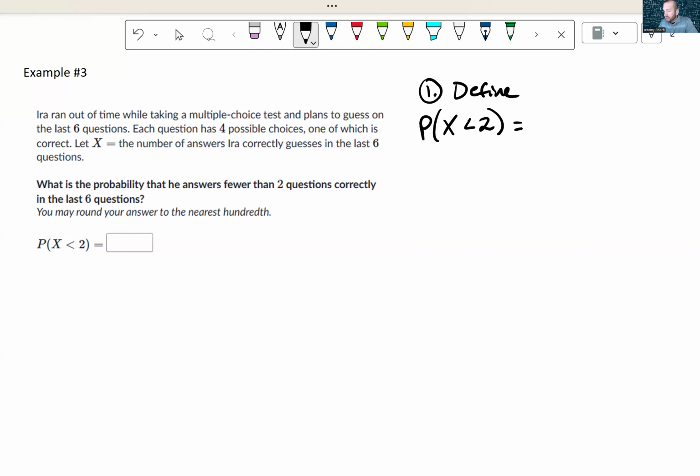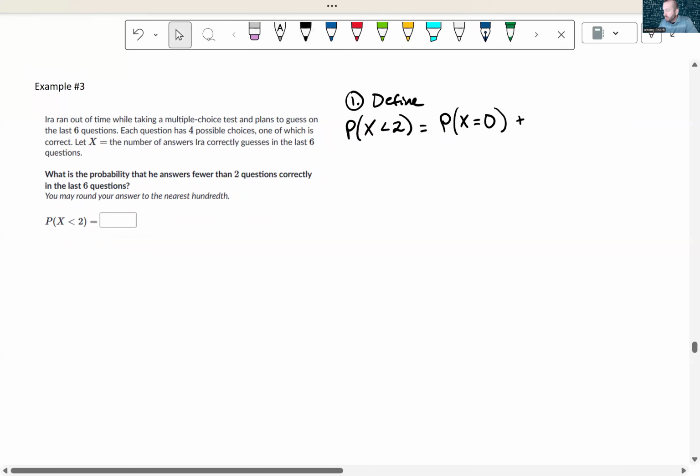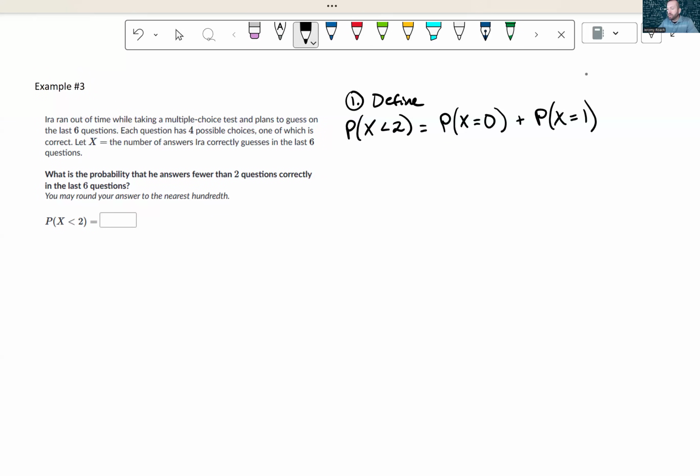The probability that x is less than 2 is equivalent to the probability that x equals 0 questions right, plus the probability that x equals 1 question answered correctly, because we're not including 2, just 0 questions right or 1 question right.